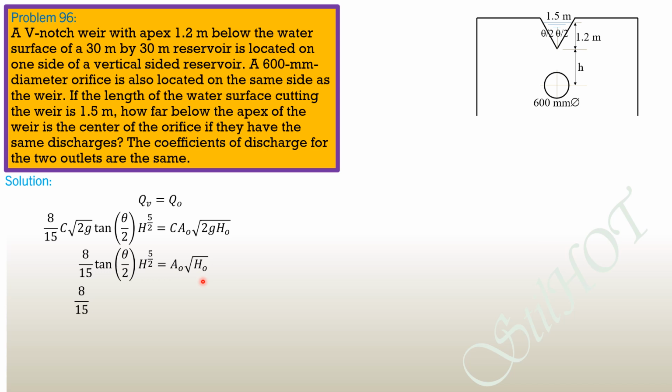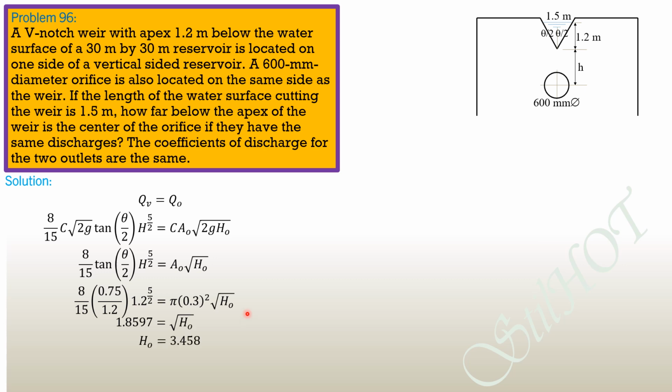Substituting 8 over 15 times 0.75 over 1.2, then 1.2 to the 5 halves equals pi times 0.3 squared, pi r squared, area of orifice, then square root of H O. Simplifying, 1.8597 equals square root of H O. Square both sides.